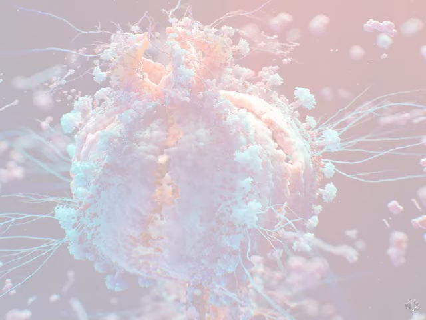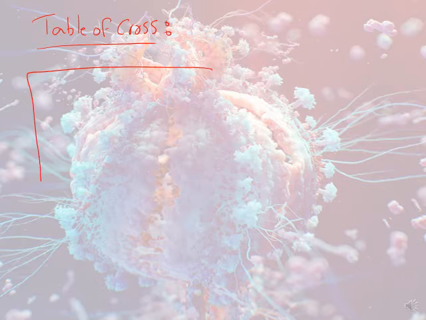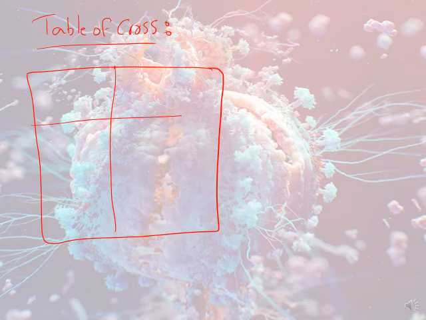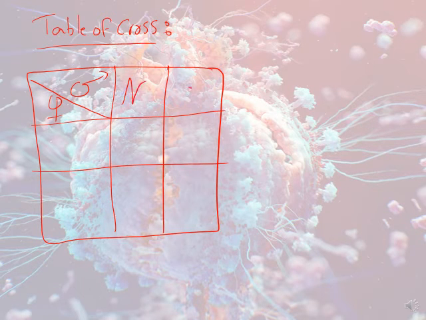Let's move to the table of cross, and then we will move to the table of results. So this table of cross, we're going to divide it into male and female, and we can divide this box into 2 and this box into 2. So here we have N, here we have C, half, half, N, C, half, and half.